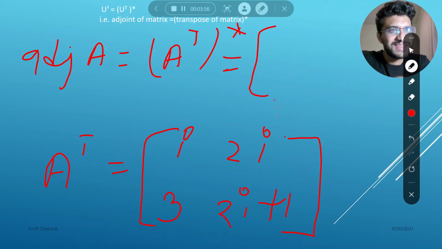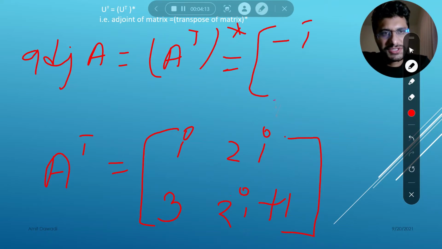If every element of the matrix is real, then the adjoint of A becomes equal to the transpose of A. However, if there is any complex element inside the matrix, then you just have to change its sign to make it a complex conjugate. So I change its sign because i is a complex number. I change its sign to negative, minus i. 2i is also complex, so it becomes minus 2i, and 3 is real, no need to change.